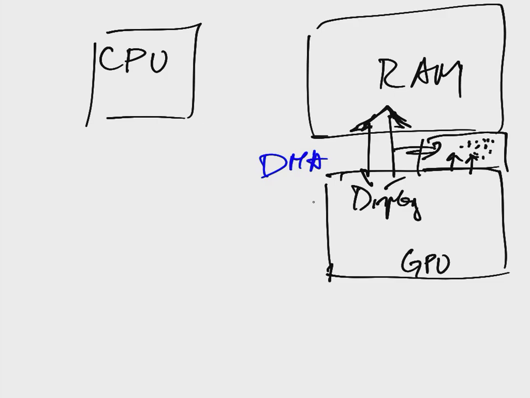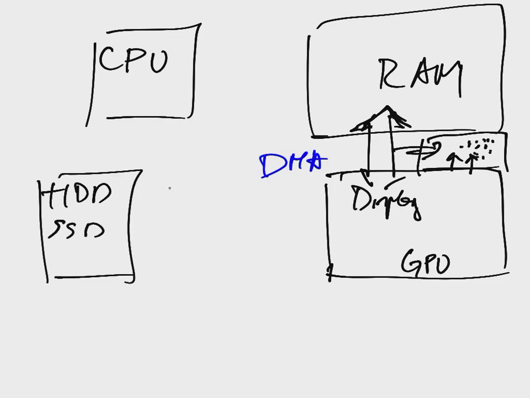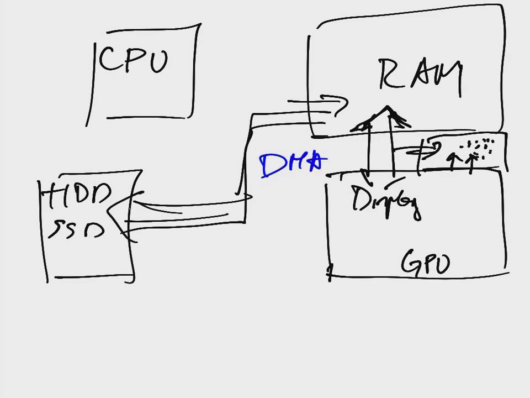And all these fast devices, also for example hard disks and SSD disks, can also read-write directly to random access memory without using the central processing unit at all.